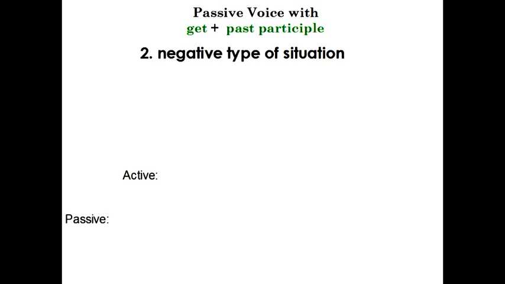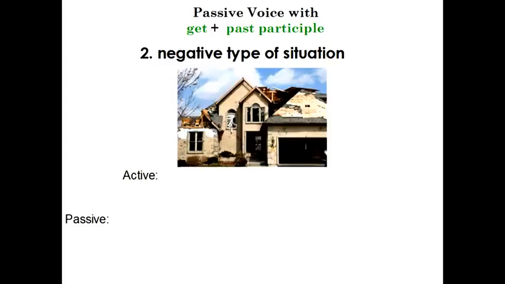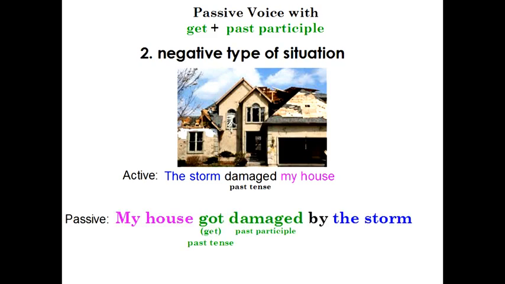Now let's look at a negative type of situation using get plus the past participle. For example, in the active voice, the storm damaged my house. And again, I'm using this in the active voice, and I'm in the past tense now. The storm damaged my house. Now, in the passive voice using get, my house got damaged by the storm.